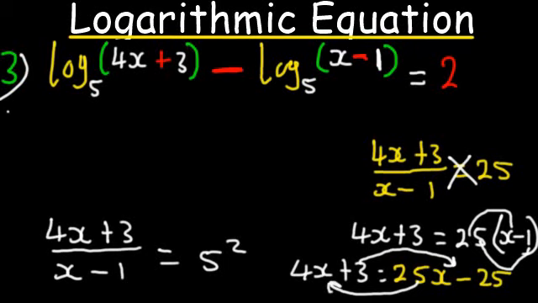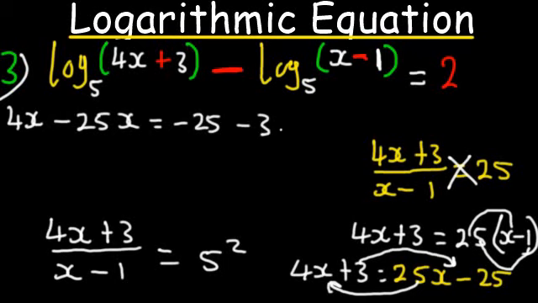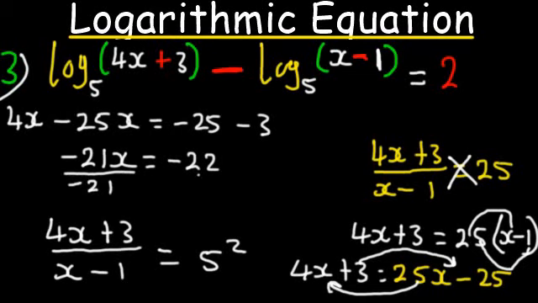So we have 4x minus 25x equals minus 25 minus 3. So 4x minus 25x is simply minus 21x, equals minus 25 minus 3, which is simply minus 28. Now at this point we can just divide both sides by minus 21.